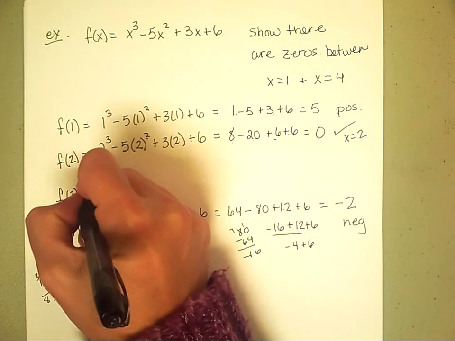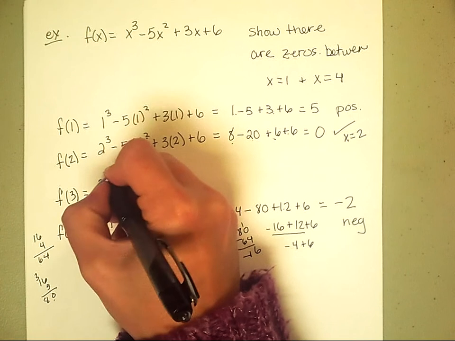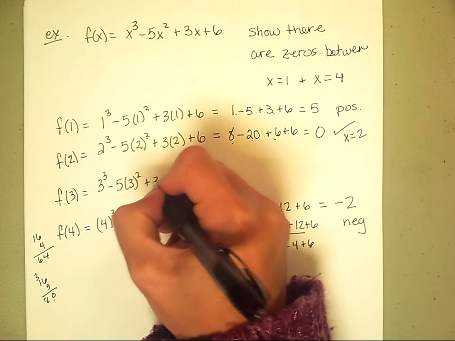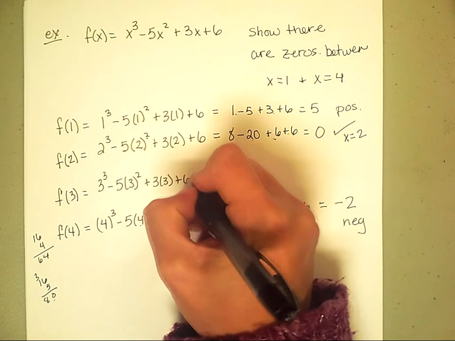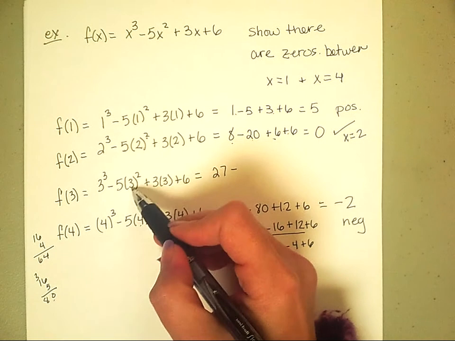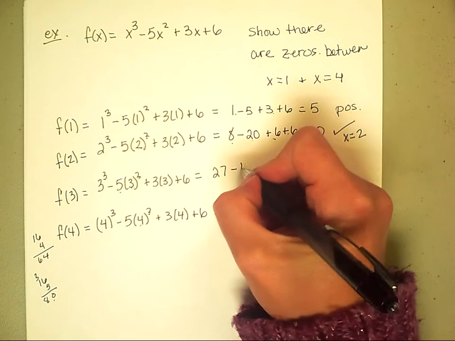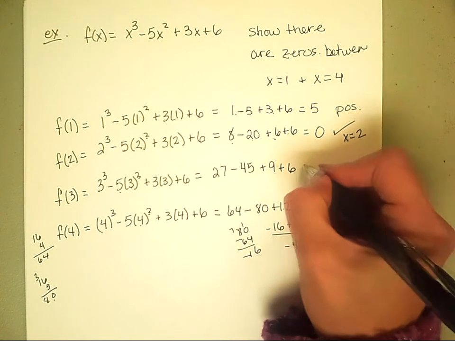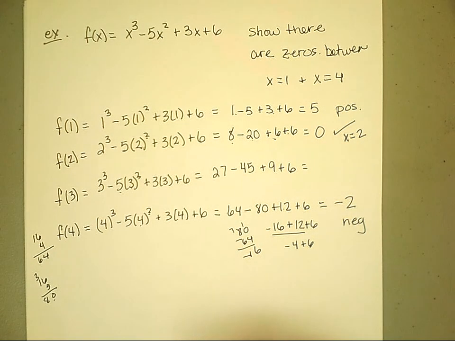But let's evaluate f of 3. So 3 cubed minus 5 times 3 squared plus 3 times 3 plus 6. 3 cubed is 27. 3 squared is 9 times 5 is minus 45 plus 9 plus 6.